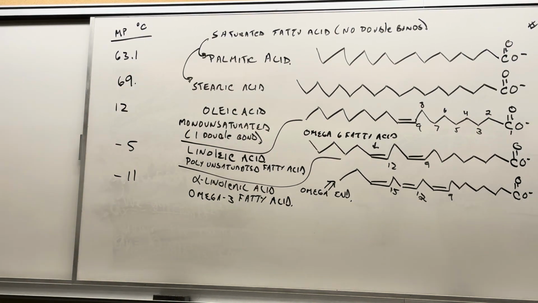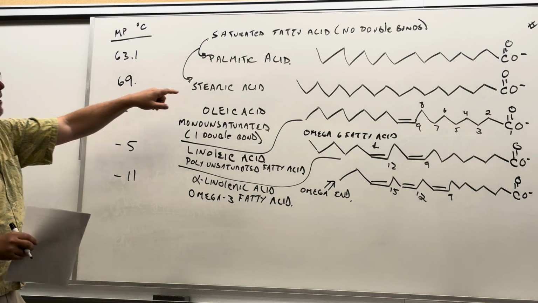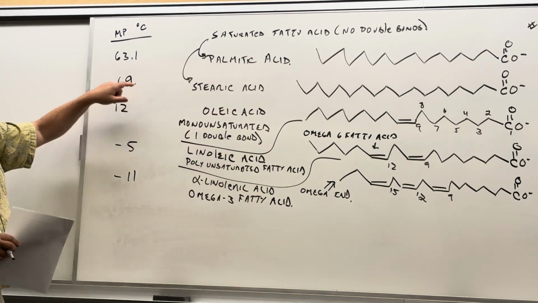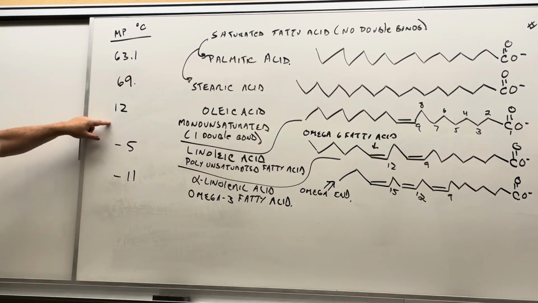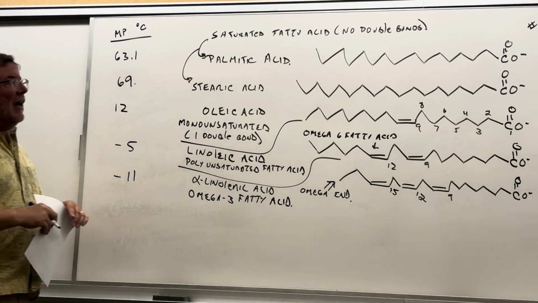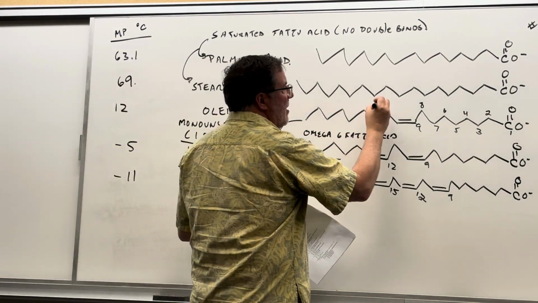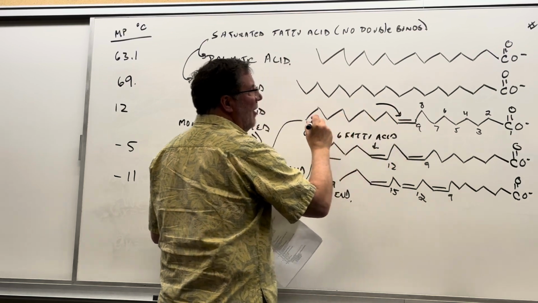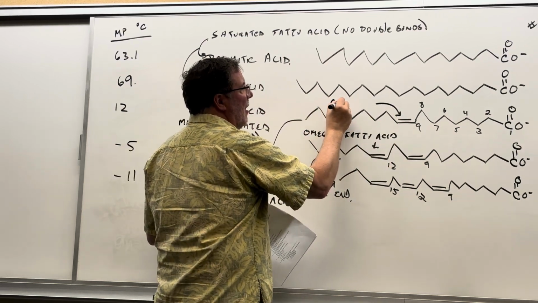So the introduction of an extra couple of carbons doesn't impact it very much, but the double bond is really going to impact it. So I do want to highlight that point: this is a cis double bond.